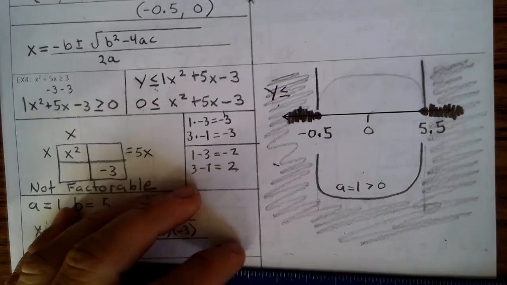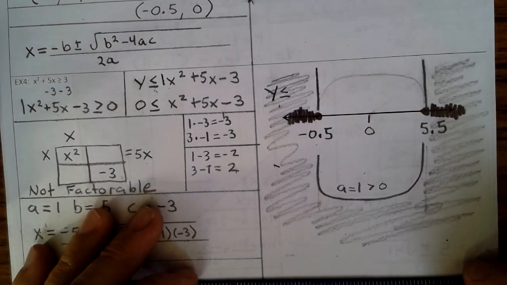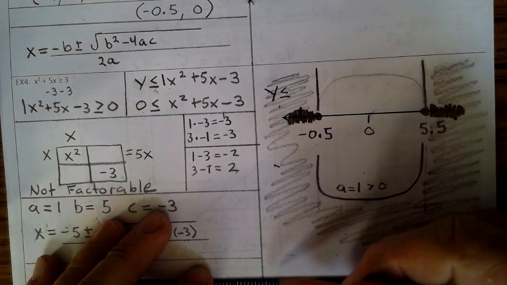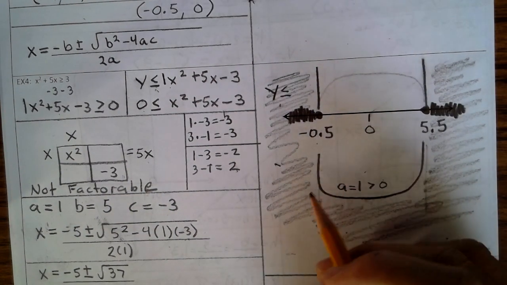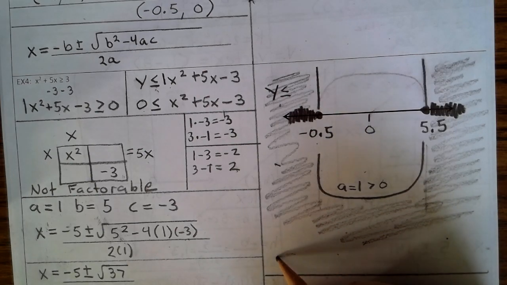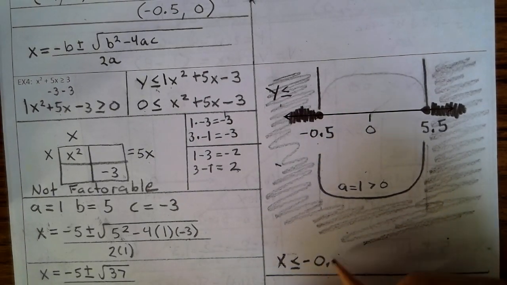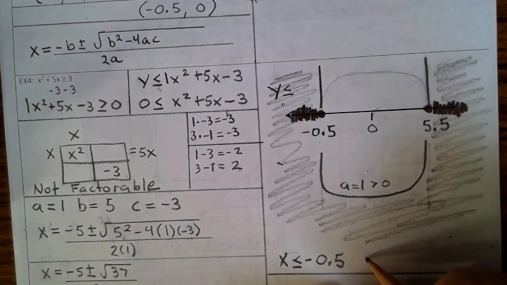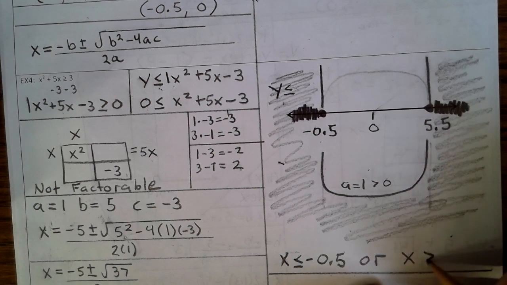All right, so your solution is x is less than or equal to negative 0.5, or x is greater than or equal to 5.5.